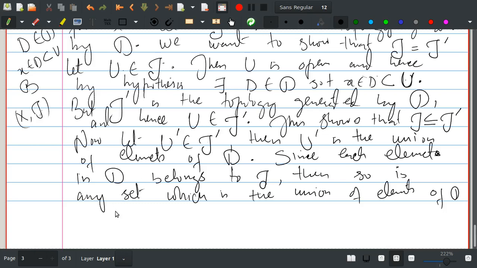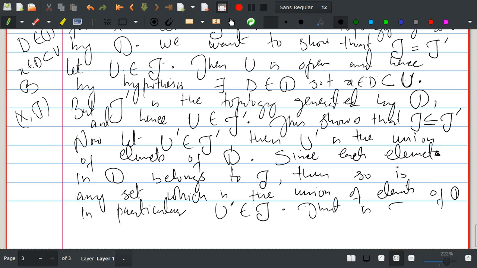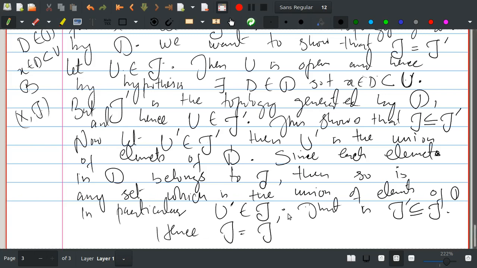So in particular, u prime is in T, because u prime is the union of elements of D, and T contains any union of elements of D. That is, T prime is contained in T, hence T and T prime are actually the same topologies.